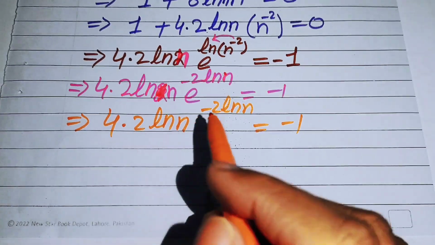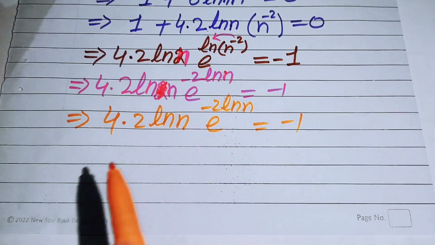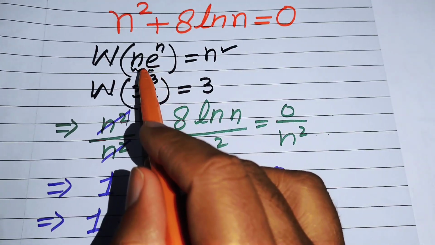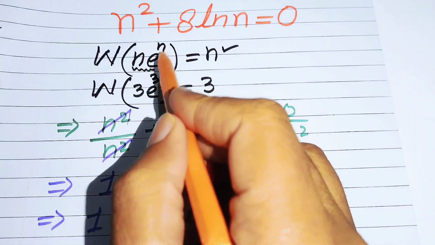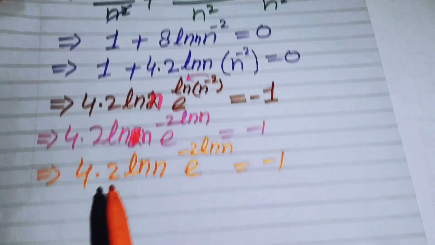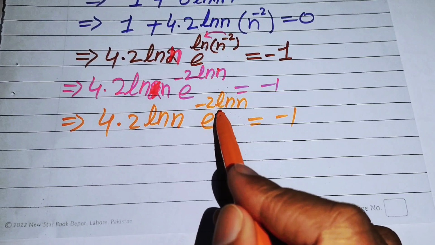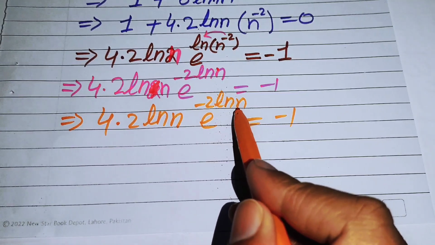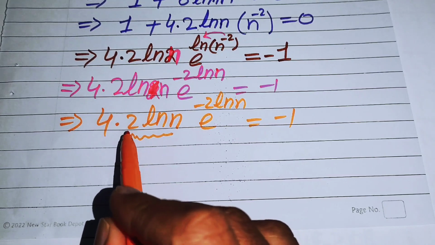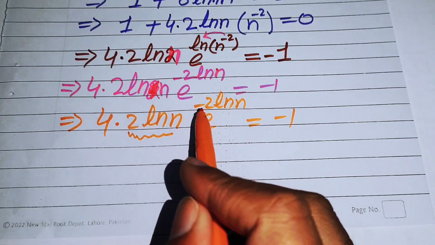Now first I check our standard form of the Lambert W function. You know that the exponent of e is multiplied by the same term here, and you see that the exponent of e is minus 2 times ln of n. So when it is multiplied here, we need only this negative sign.